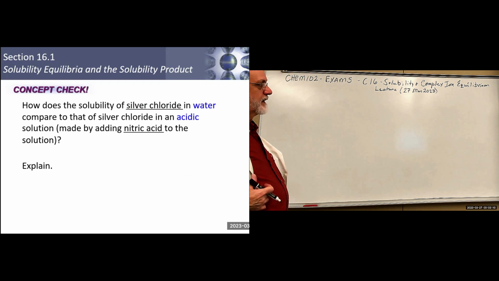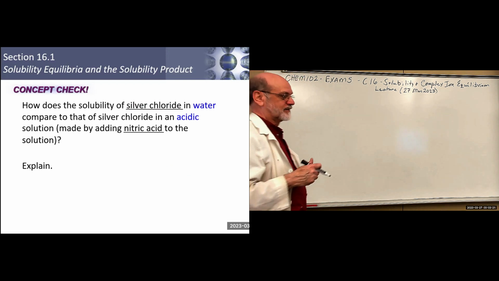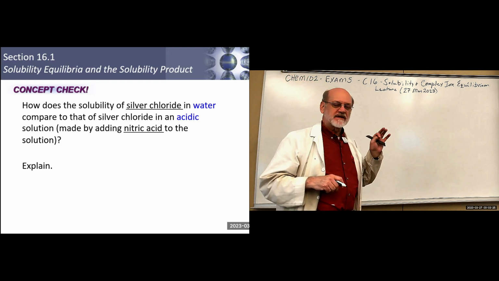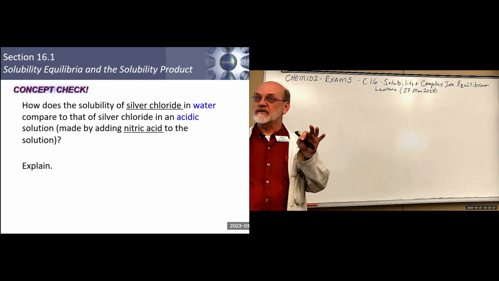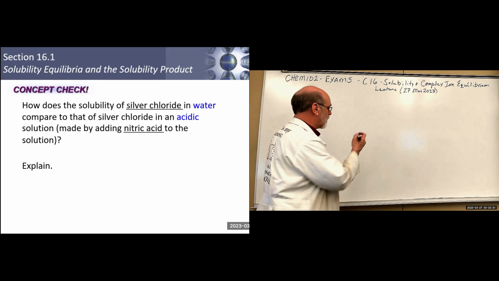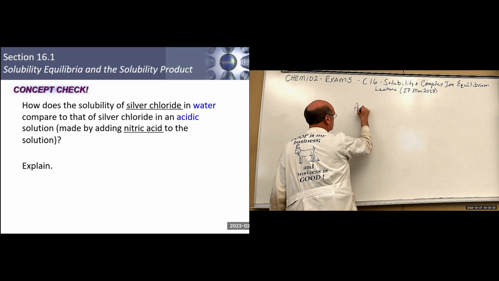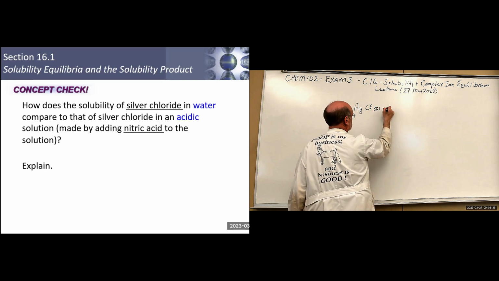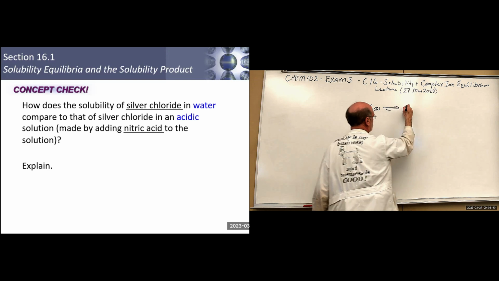Well, actually, no. We're going to compare solubilities in not water solutions, but acidic solutions. So if we have silver chloride, probably shouldn't have erased it, but silver chloride solid, we want to put it in solution.